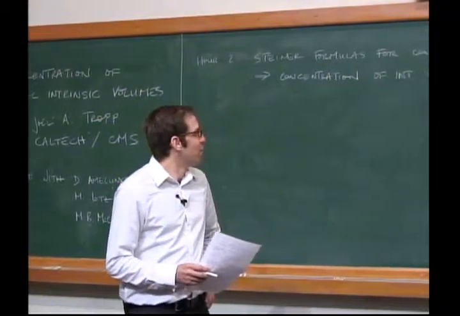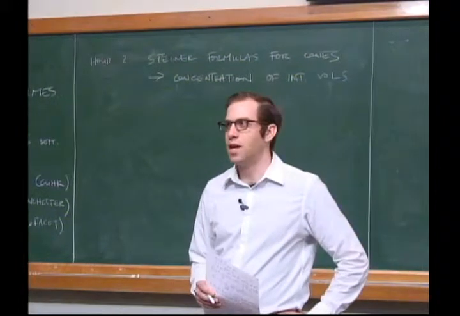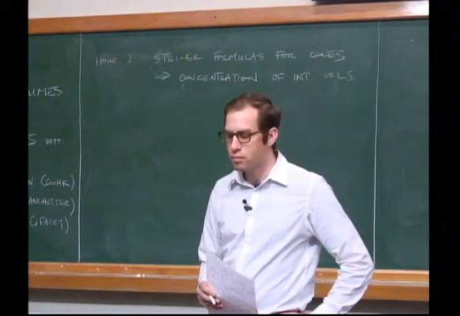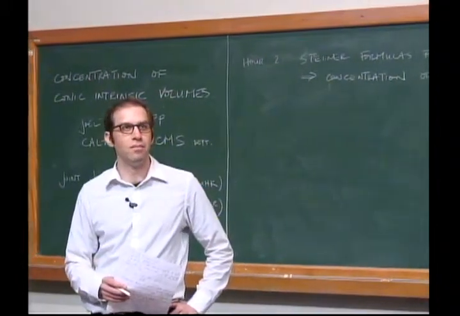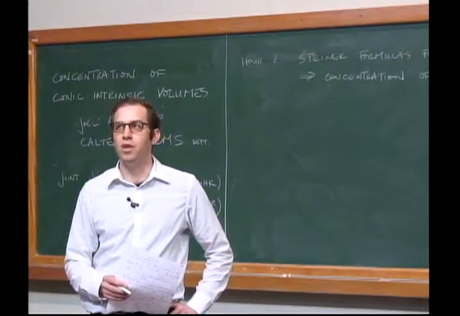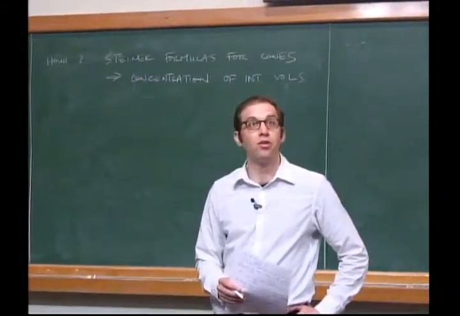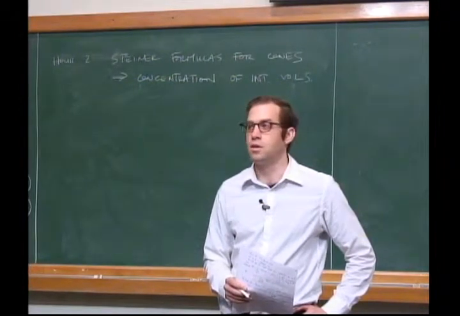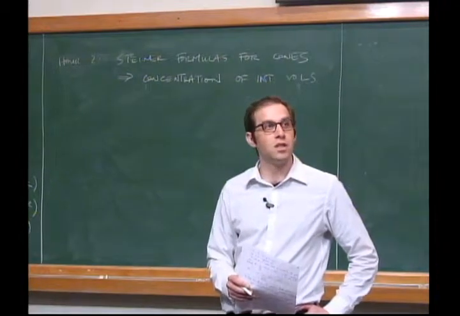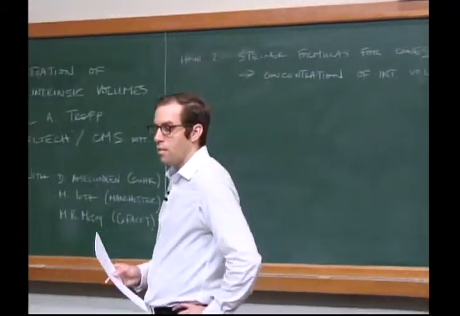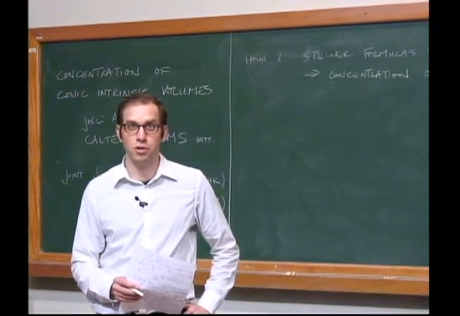Okay, so in the last hour, we discussed convex optimization problems with random data. We showed that there was an exact formula for the probability that 0 was the unique solution for the optimization problem that we specified. And that was called Crofton's formula, which is a fact from the integral geometry of cones. And then we saw that we could simplify Crofton's formula using a new fact called the concentration of intrinsic volumes for cones.